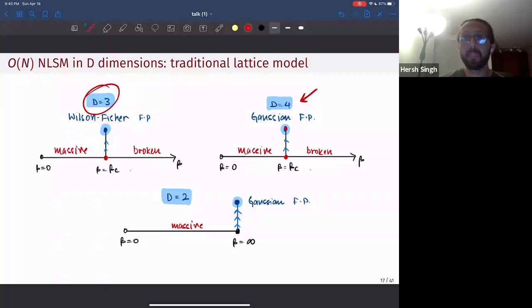Yeah, so that's certain. For a lattice model, when you take the continuum limit, you have to be careful because you will always have the lattice scale in the problem, right?